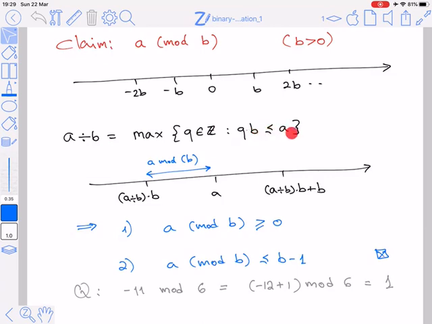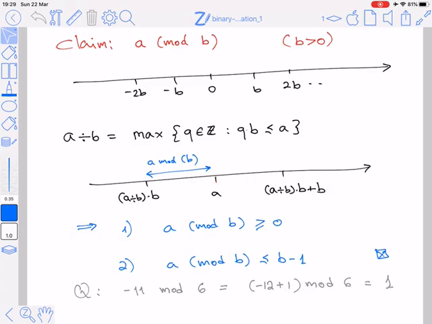So what happens is I take two successive multiples of b. The first multiple is a divided by b times b, and the next one is a divided by b times b plus b. So this is one multiple of b, and this is the next multiple of b because I've simply added b to it. Now a falls in this interval.